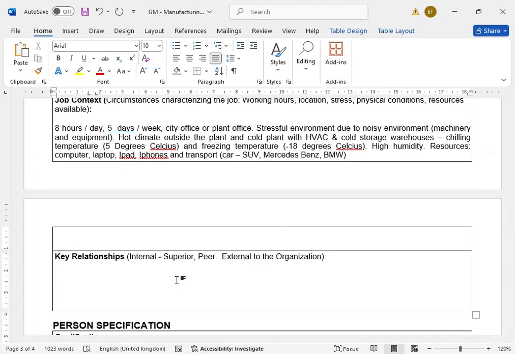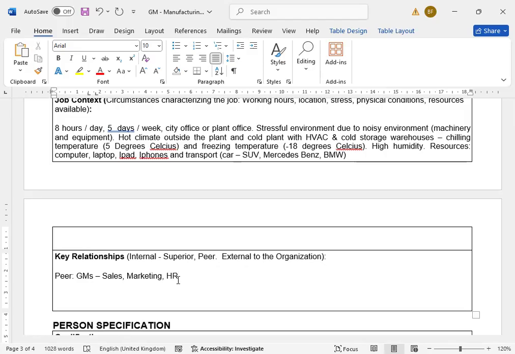Then the next one would be key relationships. For the peers, your peers, of course, are all GMs, for example sales, marketing, HR.